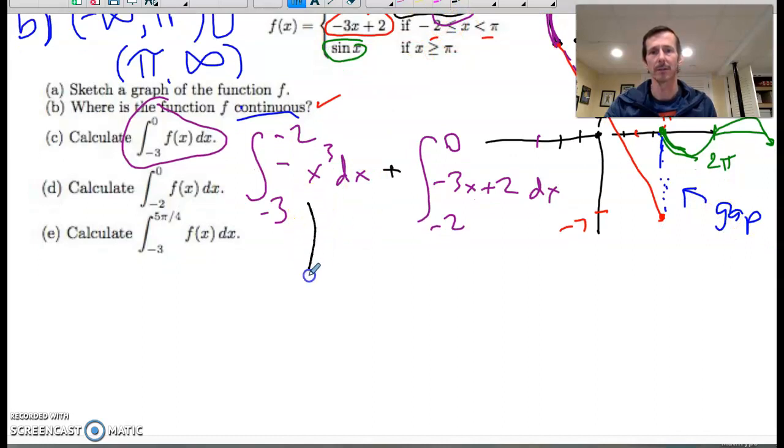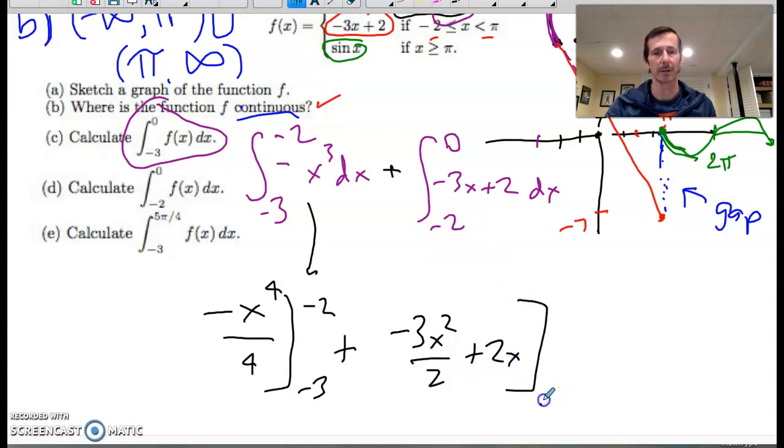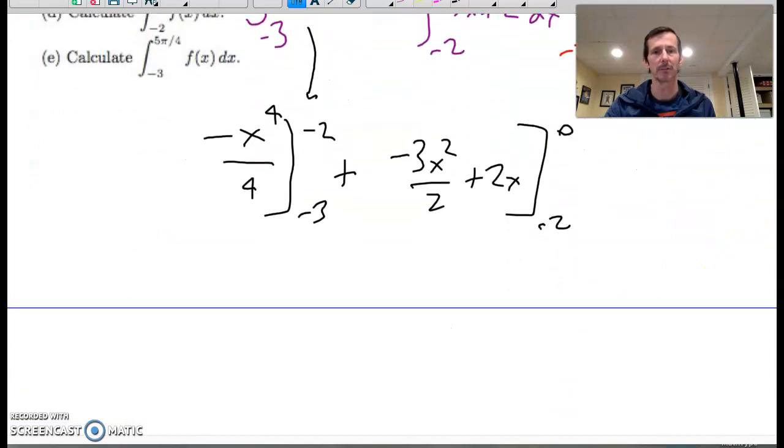This thing right here would integrate to -x to the 4th over 4, and I have to evaluate that between -3 and -2, plus if I integrate this guy right here, it's going to be -3x squared over 2 plus 2x, and I have to evaluate that between -2 and 0. So I just kind of keep cruising here.